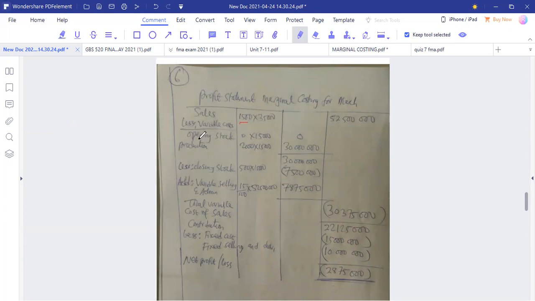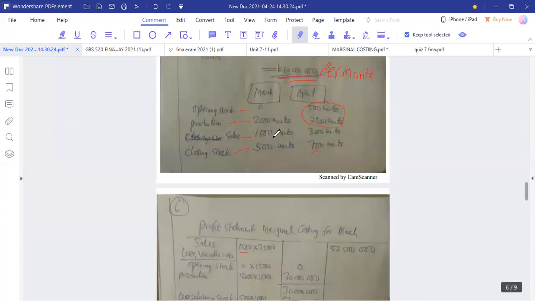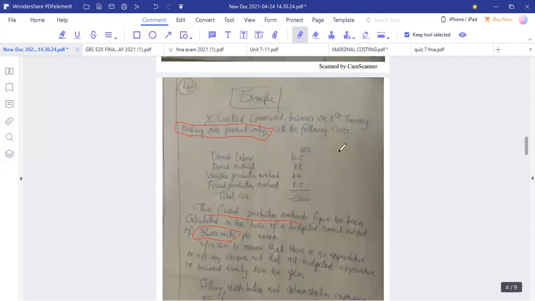We are looking at variable costs. So less variable cost. Opening stock, which is 0, multiplied by the variable cost of sales of 15,000. Where the 15,000 is coming from is from here, the variable cost, where we are looking at this amount. So as we add here, it is 8 plus 2 is 10,000, plus 5,000, 15,000.